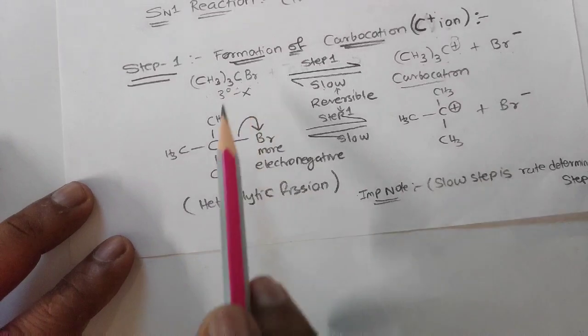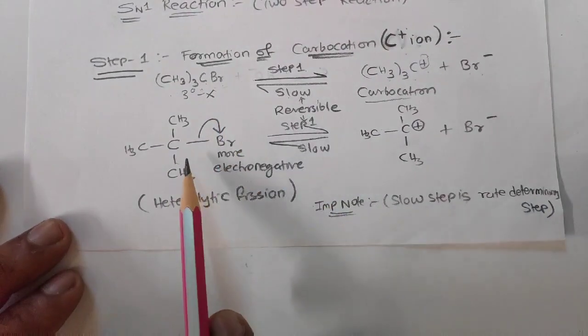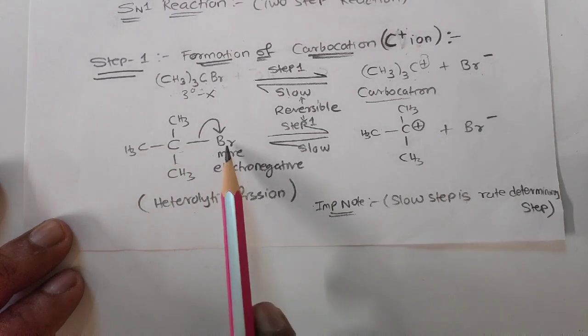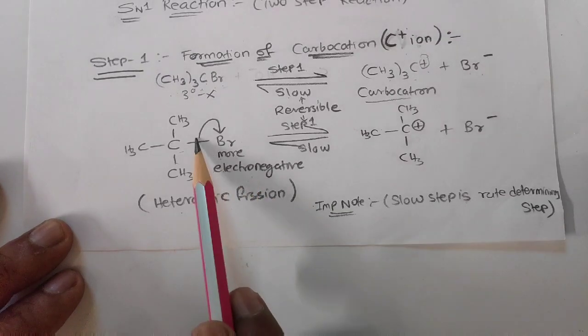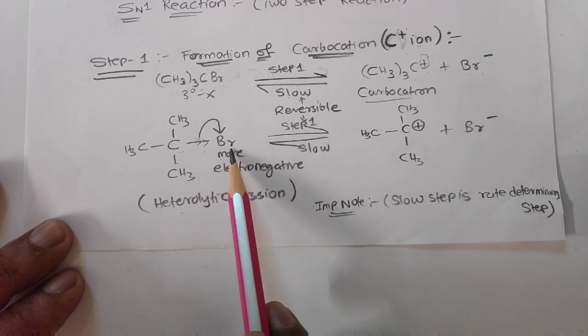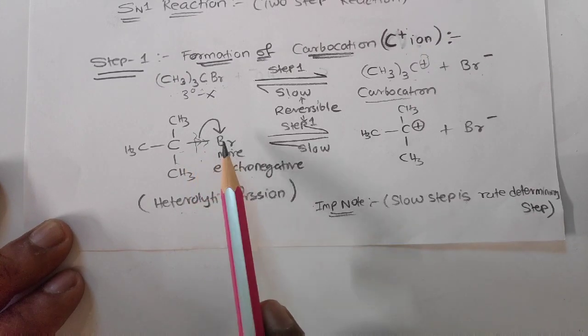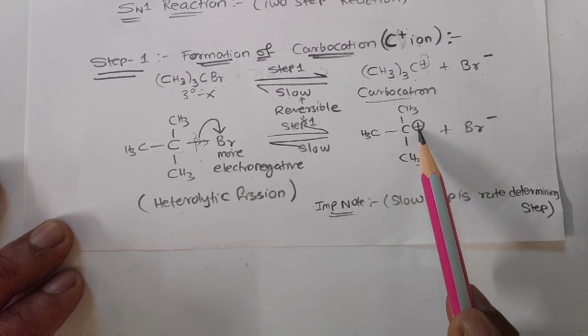We have shown the separation in the form of a bond so you can understand it clearly. Br is more electronegative, so due to heterolytic fission all the electrons move towards Br. There is a breaking of the bond, and Br acquires a negative charge and carbon acquires a positive charge due to loss of an electron.